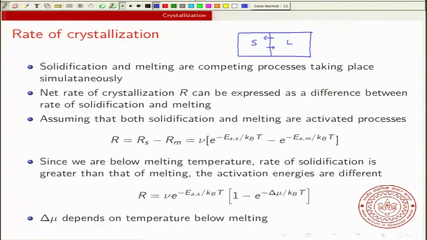So the liquid freezing to solid and the solid melting to liquid are both taking place simultaneously, so you have solidification and melting. These are competing processes, and the net rate of crystallization is the difference between the rate of solidification and the rate of melting. That clearly tells you the rate at which crystallization is taking place, or the net rate of crystallization.